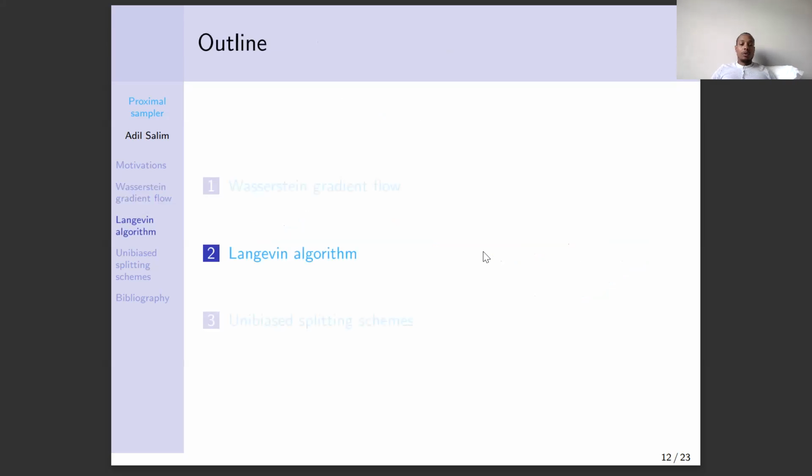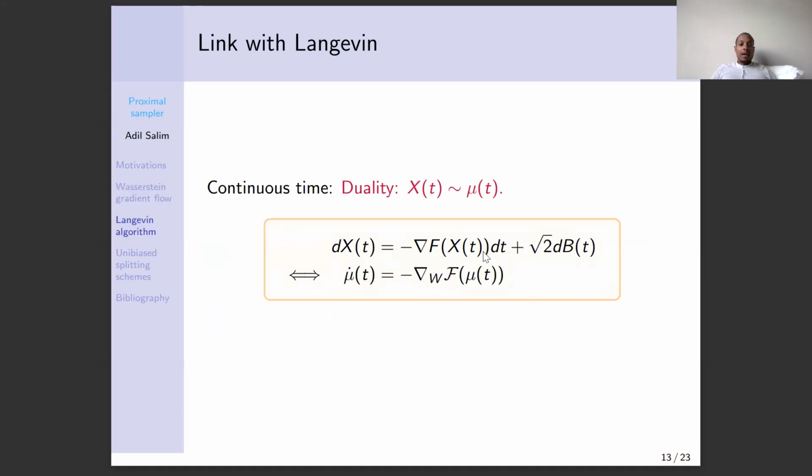Okay, so let's return to the Langevin algorithm and try to understand it from the perspective of Wasserstein gradient flows. The first relationship between the Langevin algorithm and Wasserstein gradient flows holds at the continuous time level.